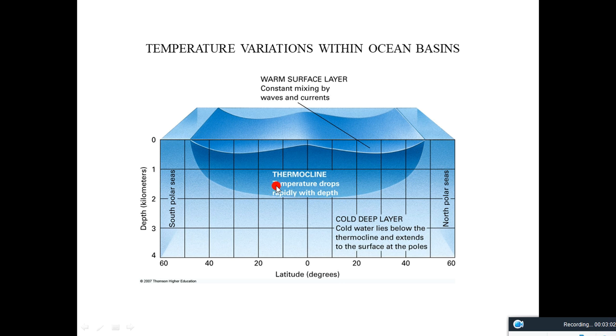And then there are various temperature variations within the water column of the ocean also. This gives a thermocline, that is, temperature drops rapidly with depth. The deeper waters are usually colder, and the surface waters are usually warmer, and they are warmer at some particular latitudes only.